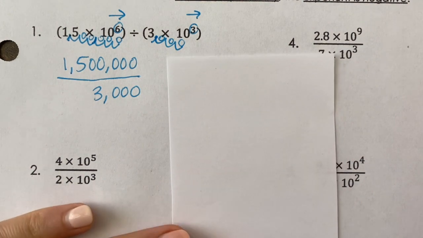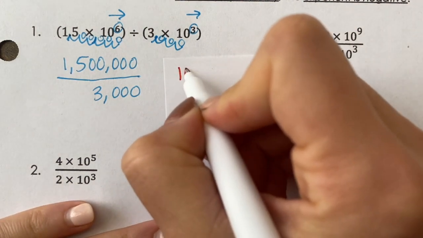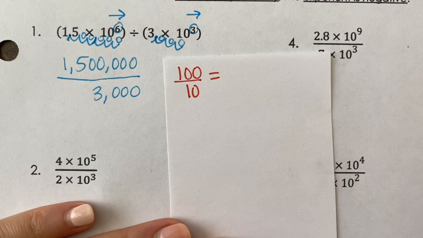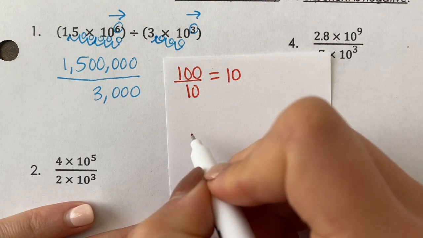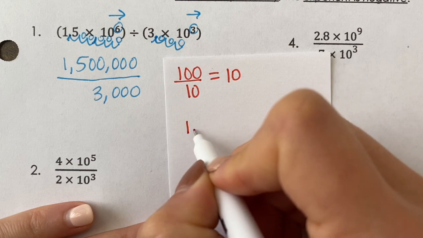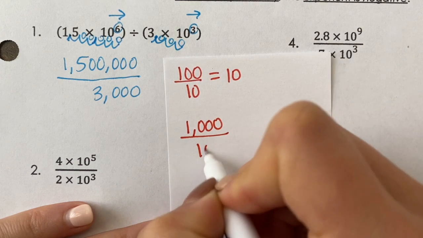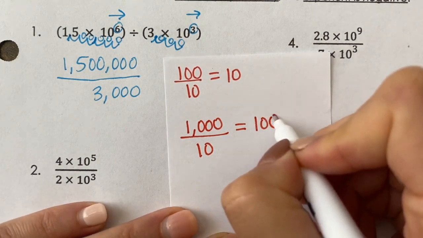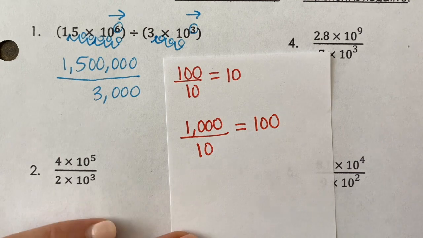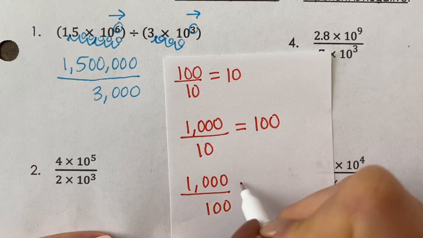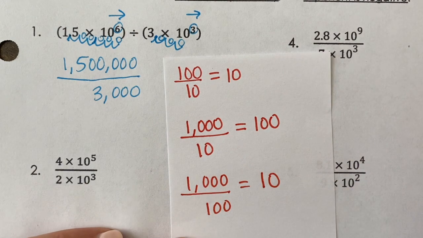do a little trick. Okay, so let's think about 100 divided by 10. 100 divided by 10 is 10. Okay, let's think about 1,000 divided by 10. That would be 100. Okay, and even 1,000 divided by 100, that's going to be 10.